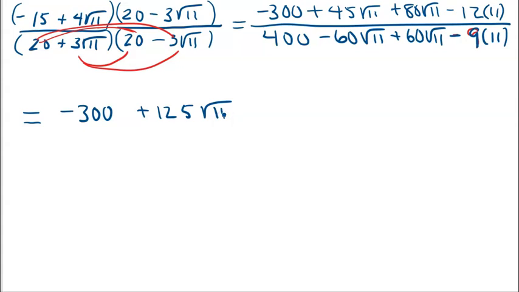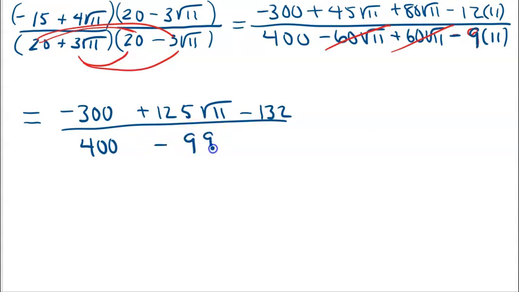Okay, and then minus 12 times 11 is going to be minus 132, divided by, now what happens in the denominator, this is nice, is negative square root of 11 and positive square root of 11 cancel each other out. And that's what happens when you multiply by a conjugate. So that denominator trick right there should happen every single time you rationalize a denominator that's a binomial like this one is. So 400. And then we have minus 99, okay?